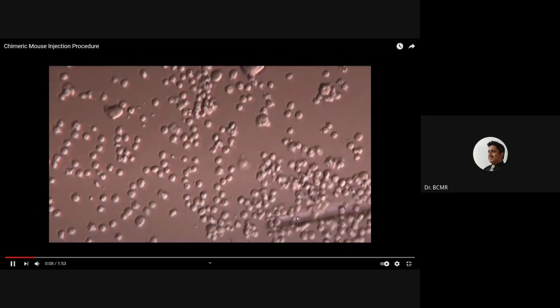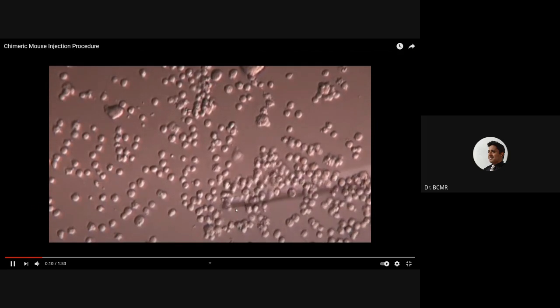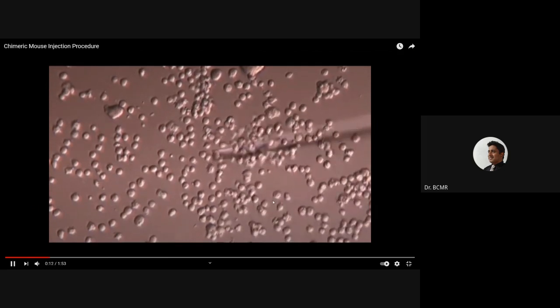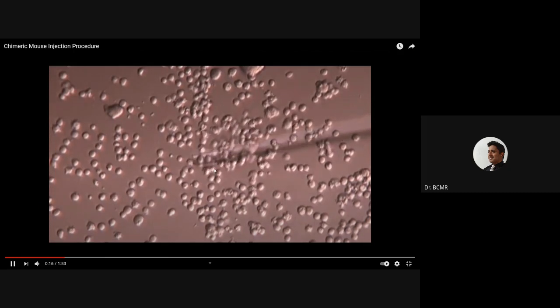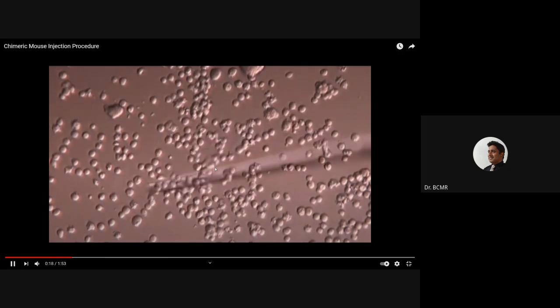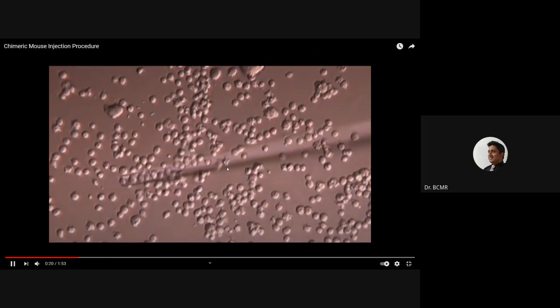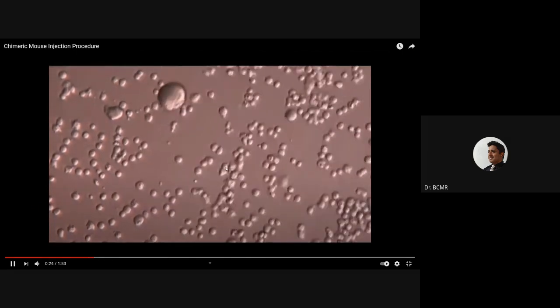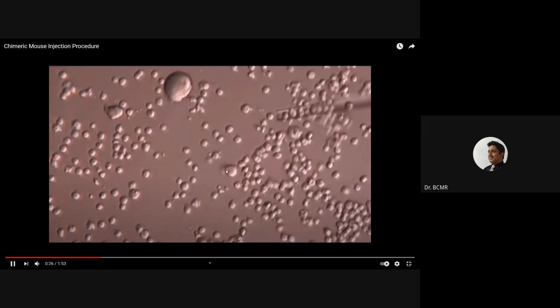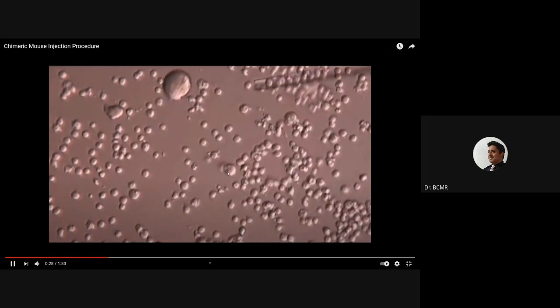The technician is taking the embryonic stem cells. You can see the round morphology of embryonic stem cells also, right? And they are collecting these embryonic stem cells, several of them, and then the technician will bring some eggs into the frame.